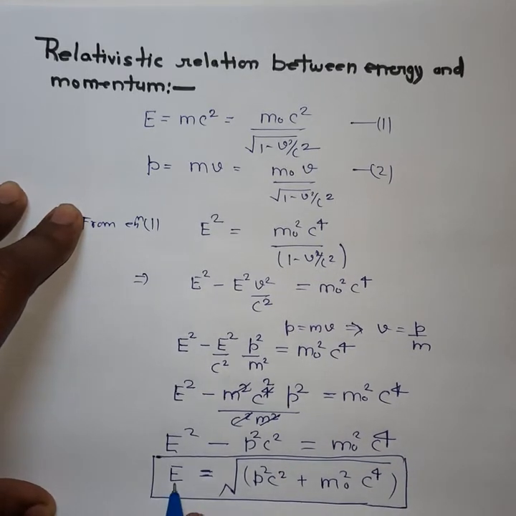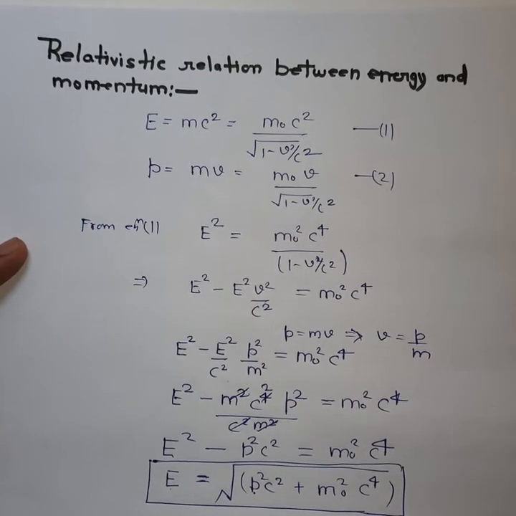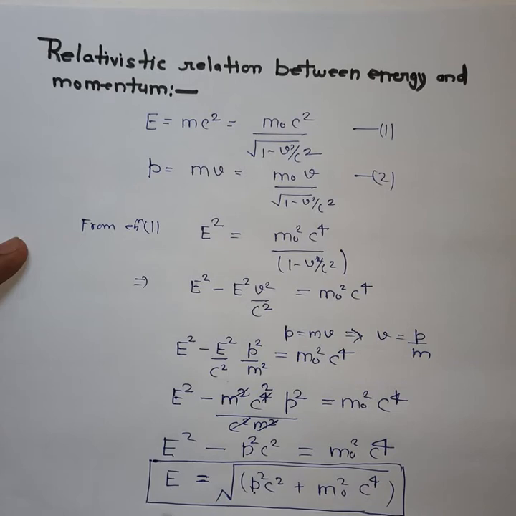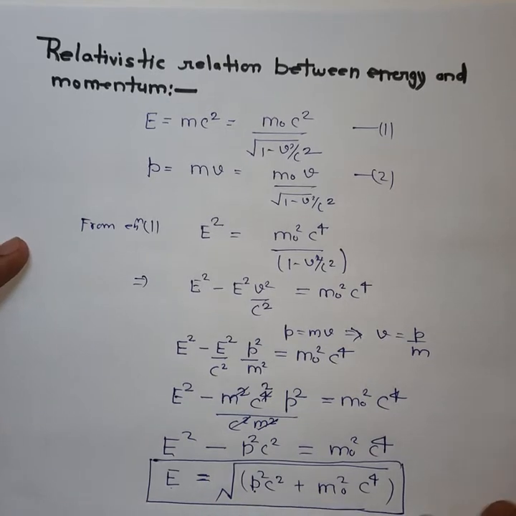Here E is the relativistic energy and p is the relativistic momentum. There should not be any doubt, this is very simple. In this way you can obtain the relation between energy and momentum of a relativistic particle. This is a very useful relation.